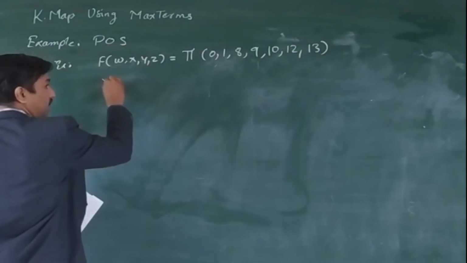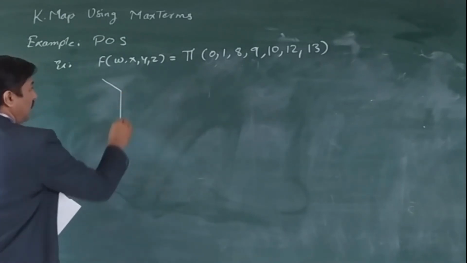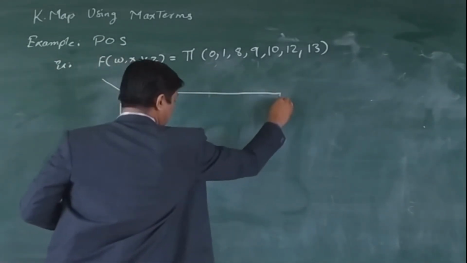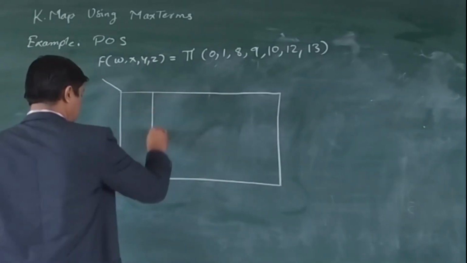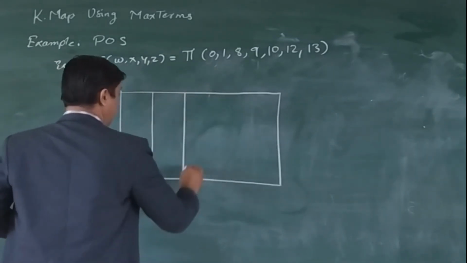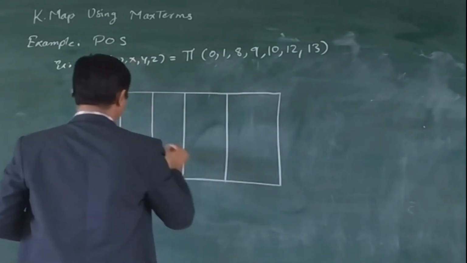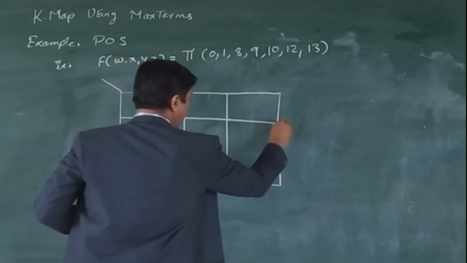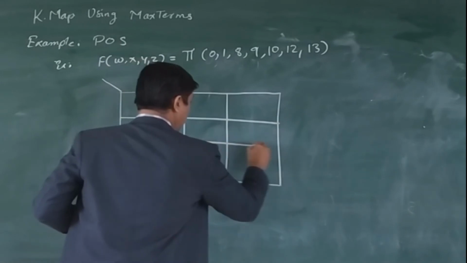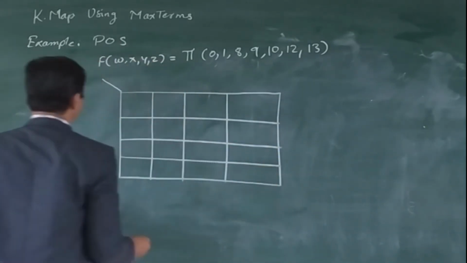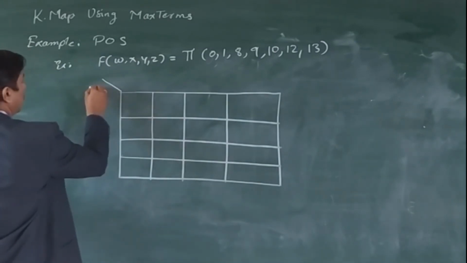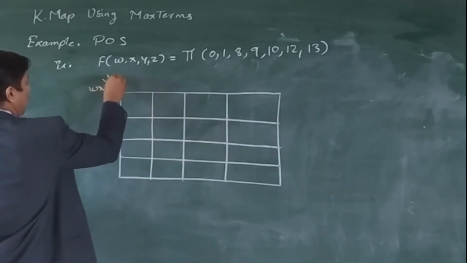So let us plot the K-map for the given expression. Okay, so it is 0, 0, 0, 1, 0. So W, X, Y and Z.